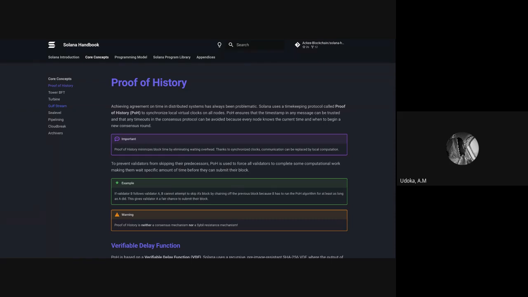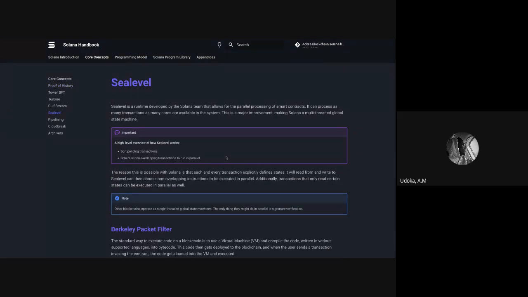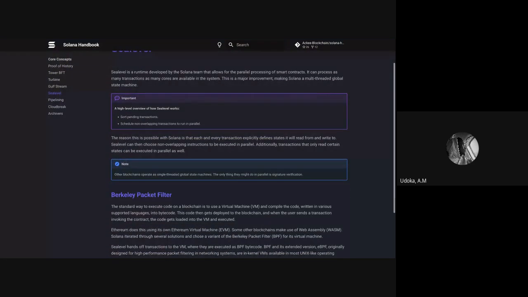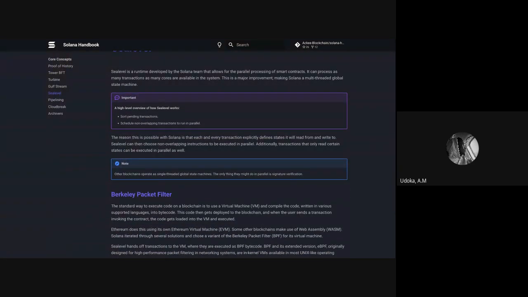Because proof of history allows for a global variable timeline, Solana introduces Sealevel. Sealevel is basically a parallel transaction processing engine. It enables parallel transactions on chain, so it allows non-overlapping transactions to be executed.